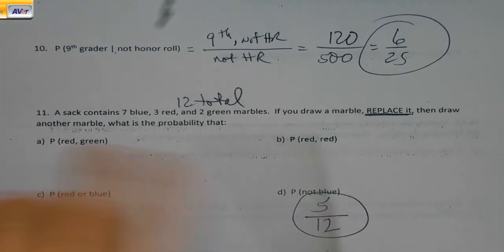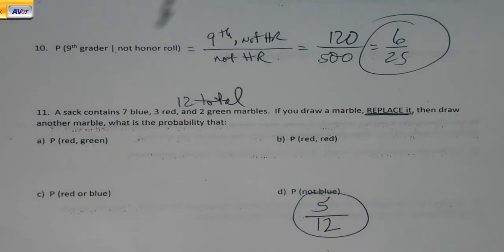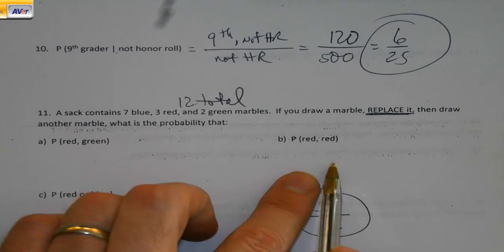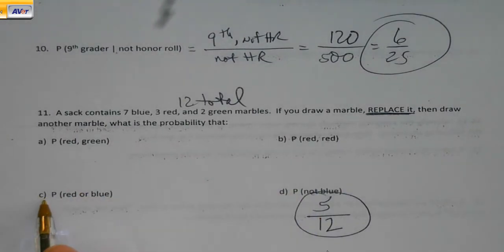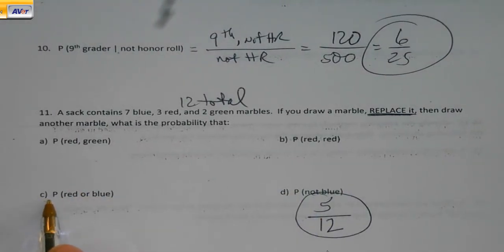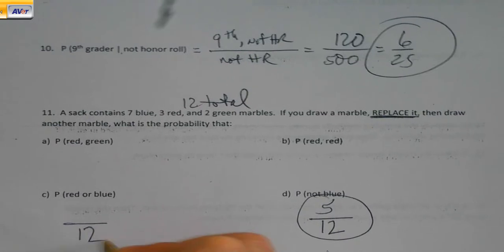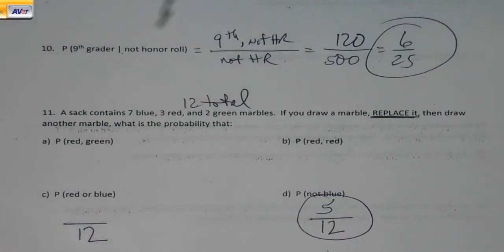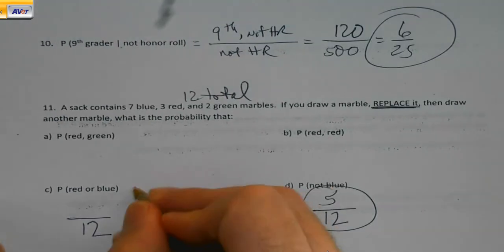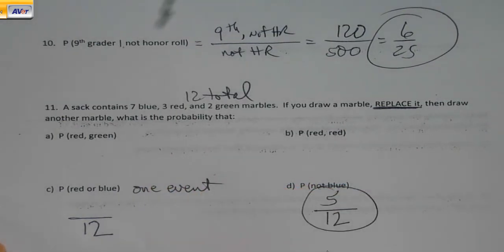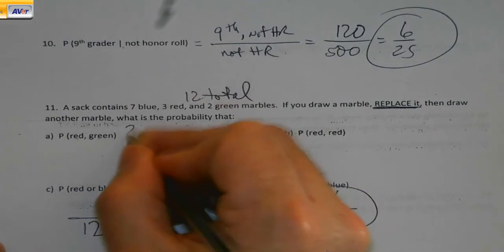On these others, there's all 2 events going on. Red then green. Multiply the 2 individual ones together. Red then red. Multiply them together. Here's the one oddball. Red or blue. Okay. So I look. Red or, there's only one event going on here. Okay. Red then green. 2 events.